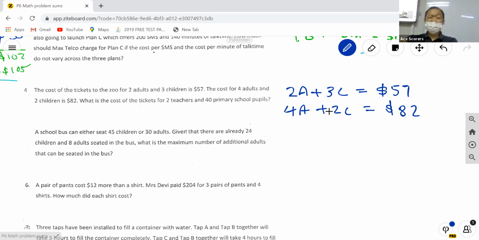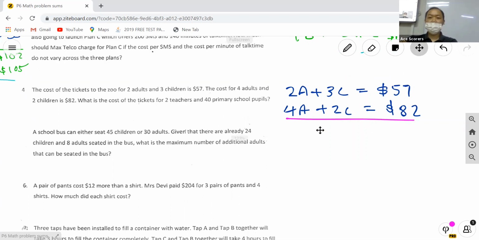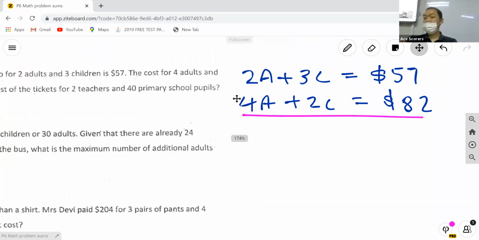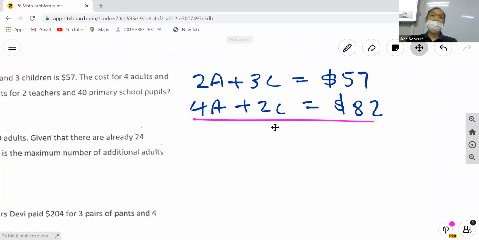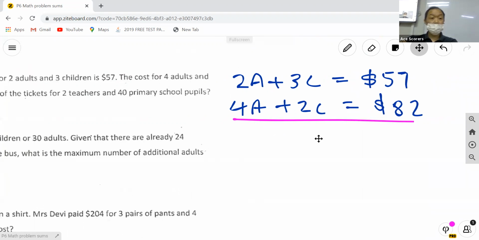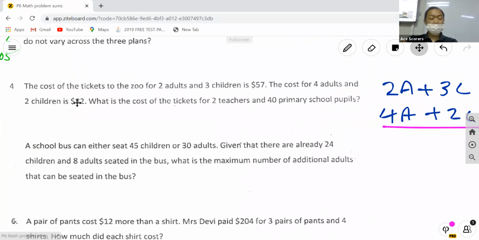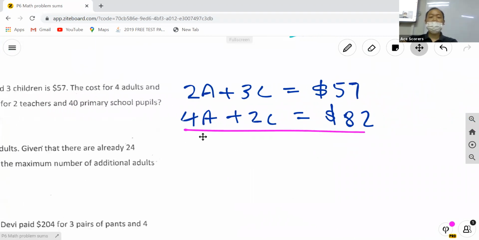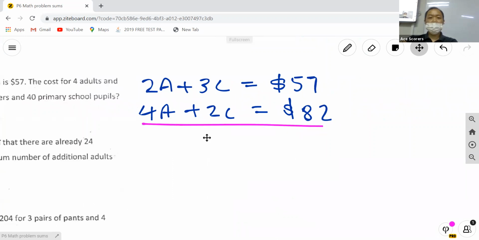So okay, I'm gonna ask Princeton. What do we do next? What's the next step? I draw this thing already. What's the next step? Instead of putting it into, I put 182. 182? Why? It's 82, right? Okay, never mind.